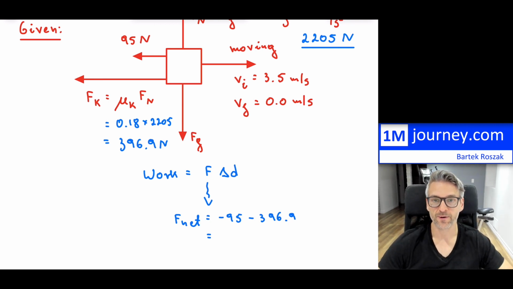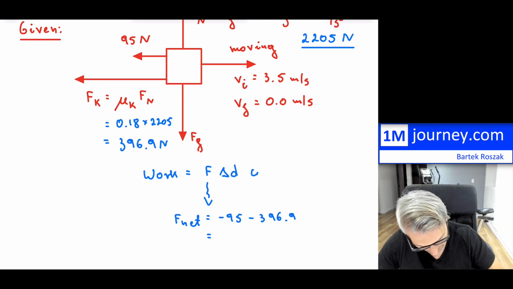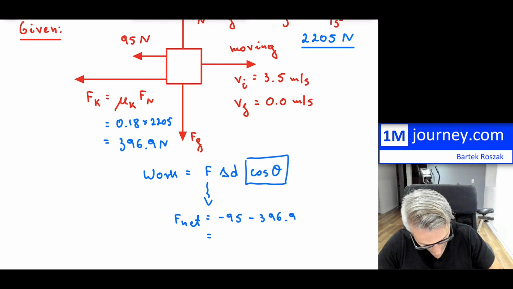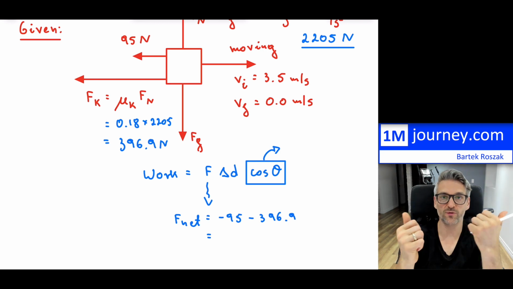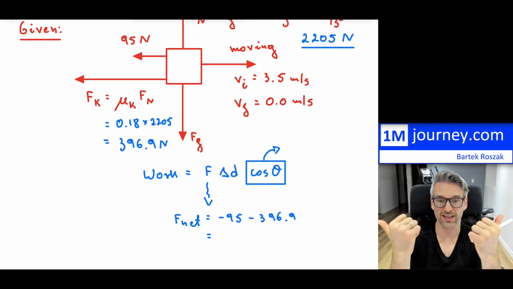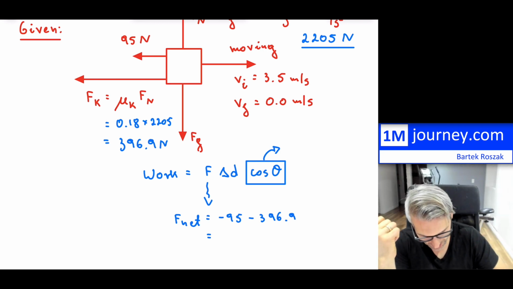Now, if you're thinking about the definition, please don't forget, this is cos theta. The theta, because you're moving to the right, the force is to the left. Now we need the magnitude of this force, right? So this is the magnitude.